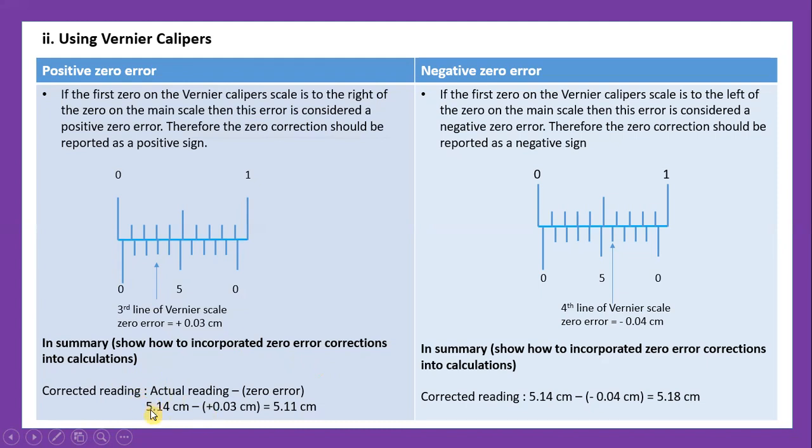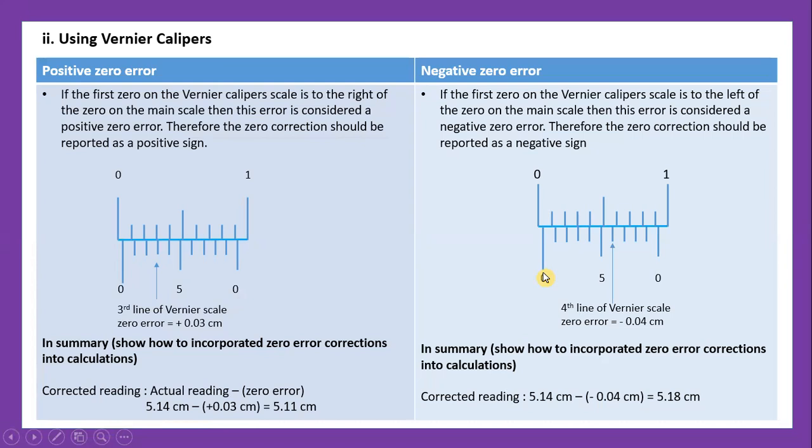Assuming your actual reading is 5.14 cm, you have to minus positive 0.03 centimeter. So the corrected reading is 5.11 centimeter, which is the reading after you subtract the positive zero error.